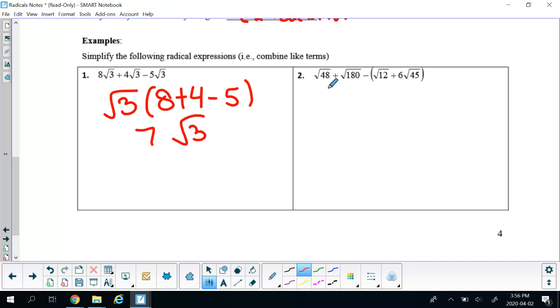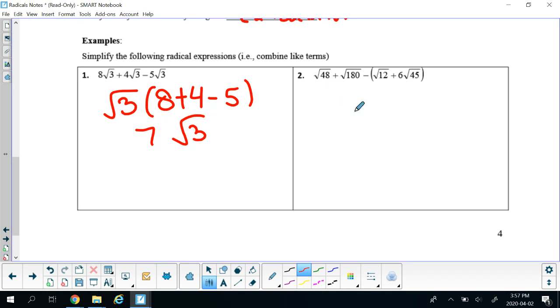And second question, again, you're looking for two things. First thing is index. The second thing is your radicand. Okay, so the index in all these four terms is 2. So we're okay with it. Now we have to look for the radicand. But the radicand is not the same, right? So we'll try to simplify these radicands first.